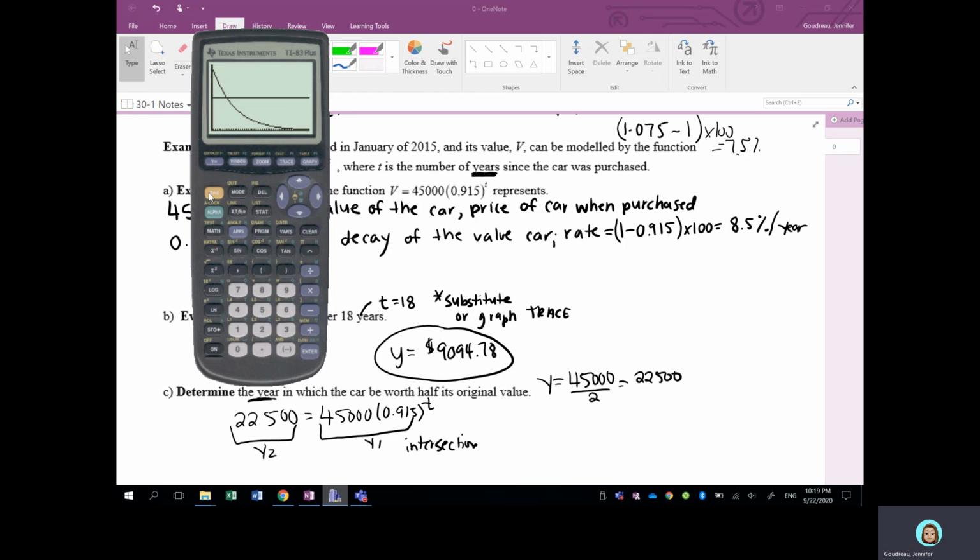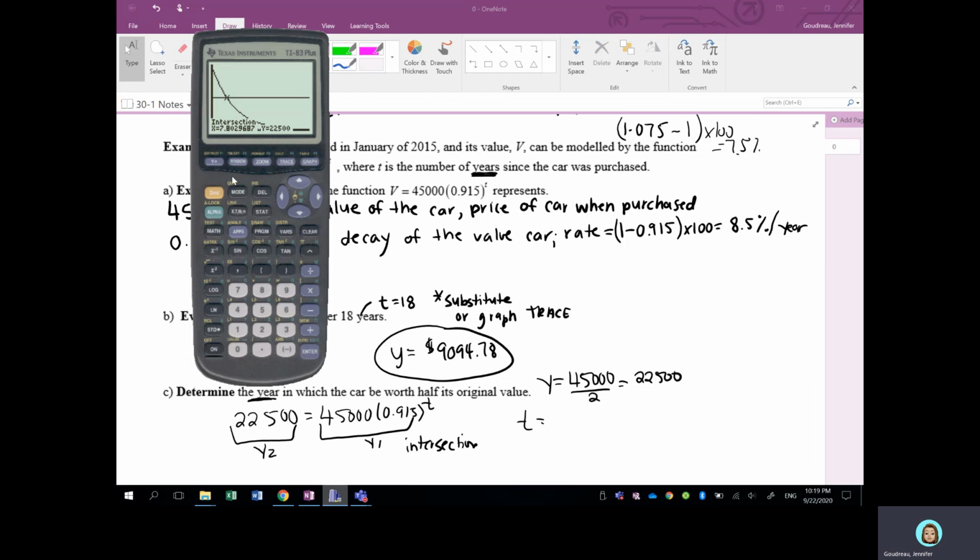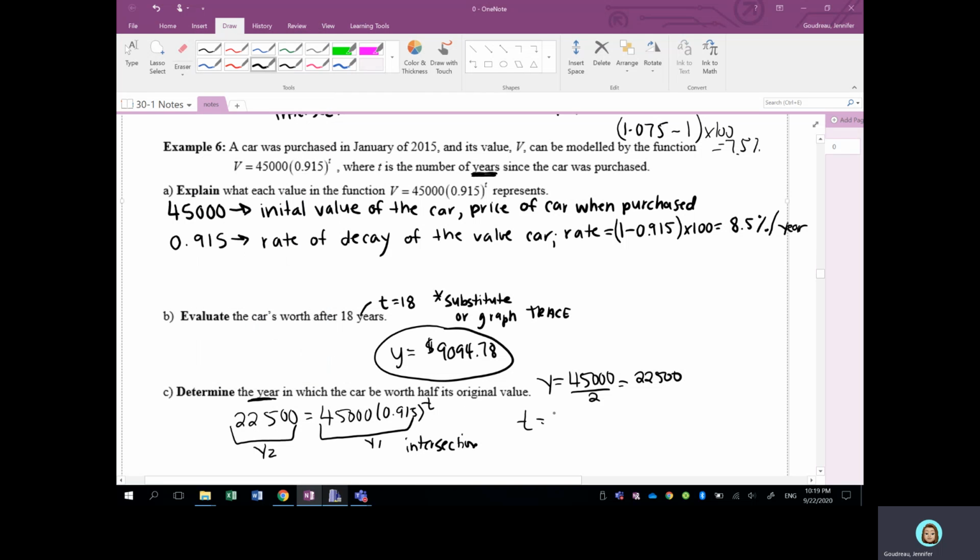We can see the intersection point pops up right away. Second trace, intersect, and guess. And we get t equals, or x equals, where is it? There we go, 7.8. We're going to say to the nearest tenth right now. So that would be 7.8 years.